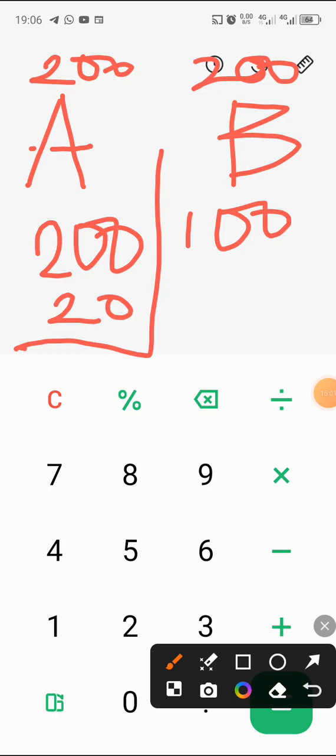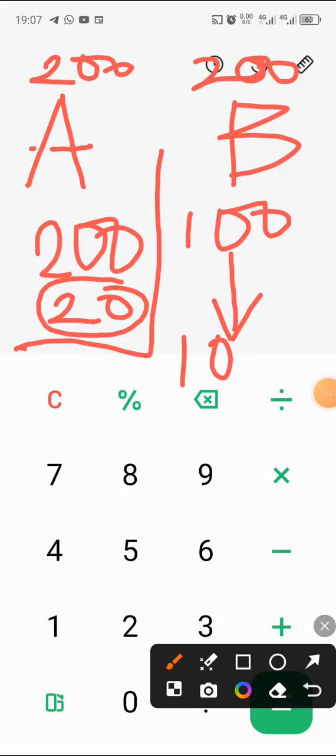And when the market drops, when the kilo of maize is buying, remember at first it was buying on $20, now it comes and it buys on $10. Again he puts in some $50. Okay, again the price drops, let's say at $8 a kilo.